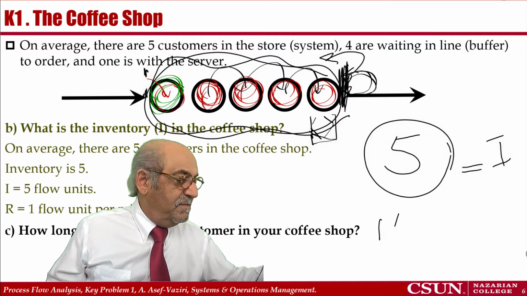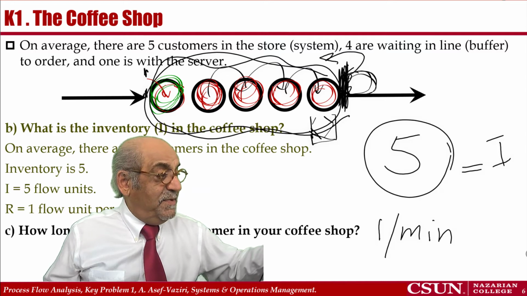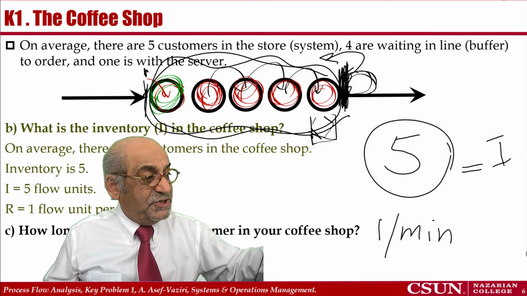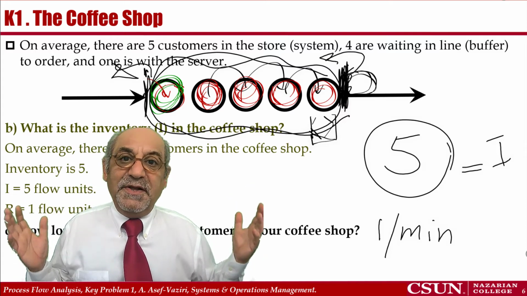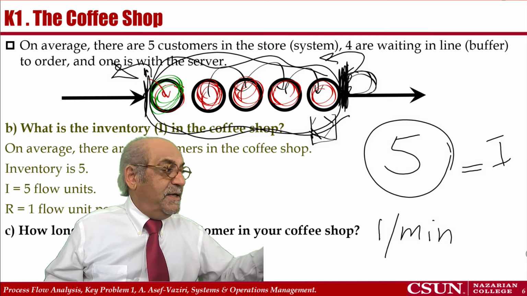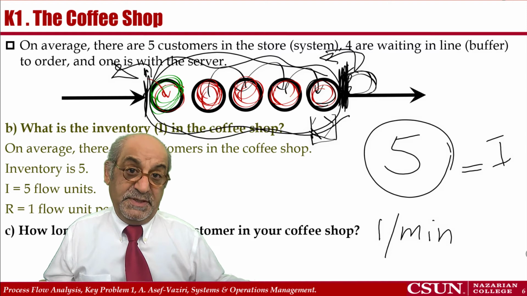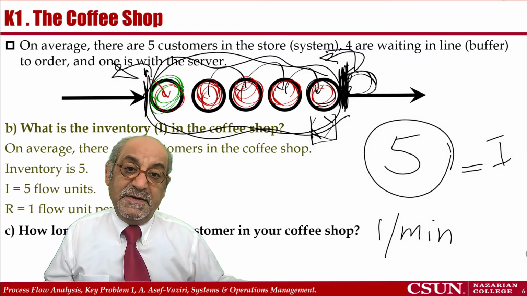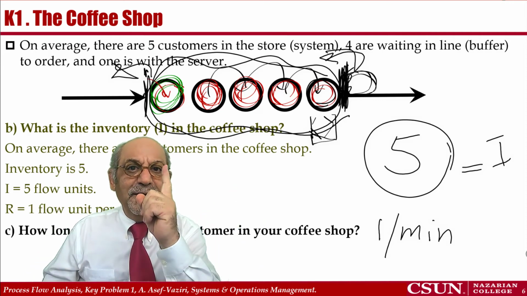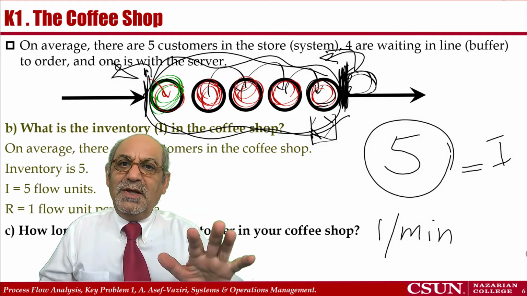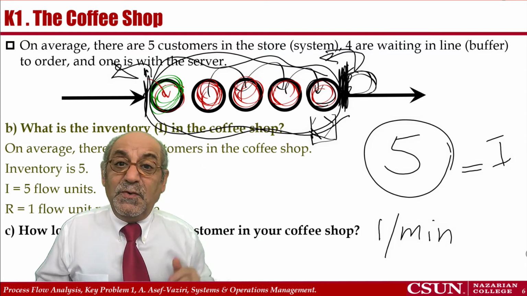At a rate of 1 per minute. When this customer came in, in this situation, when he looked over his shoulder, he saw nothing. Now when he looks over his shoulder, he sees 5 customers. They came in at what rate?